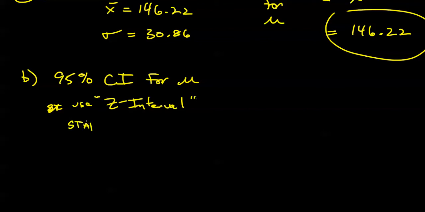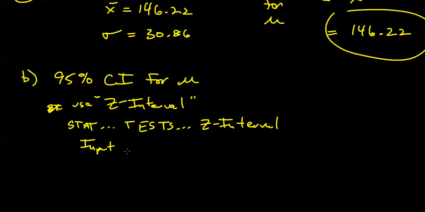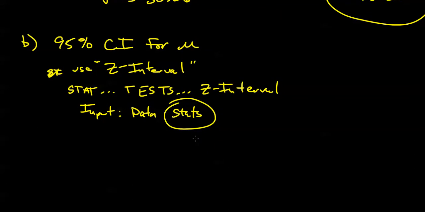So we'll press stat, tests, scroll down to Z interval, highlight and select. Again, for the input mode, highlight and select stats. If you're given summary statistics and not given raw data, you'll want to use the stats mode. It prompts me for sigma.